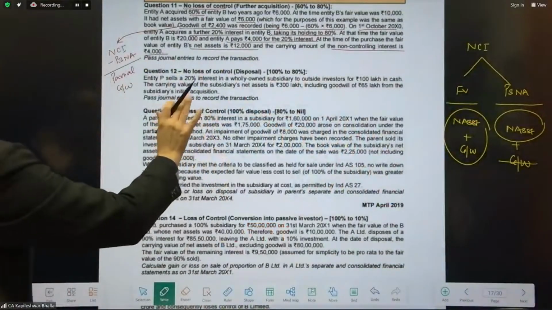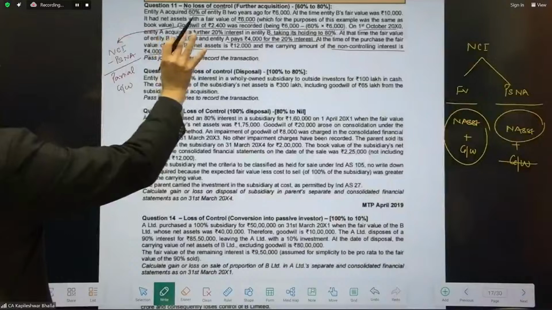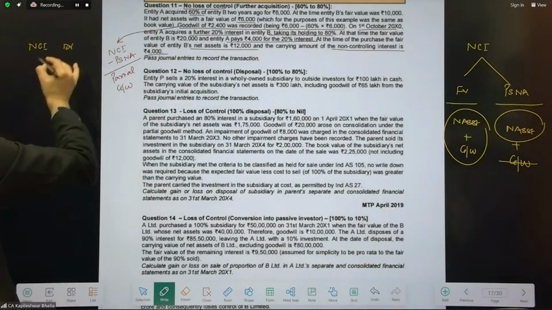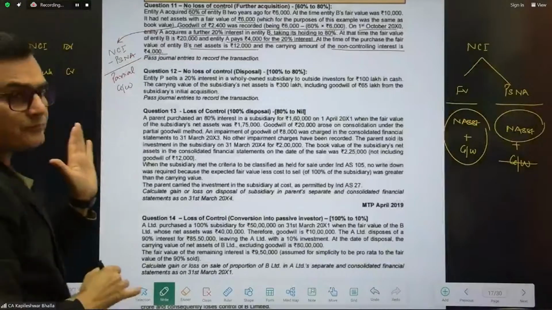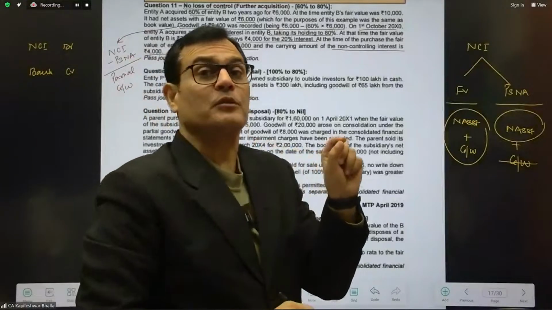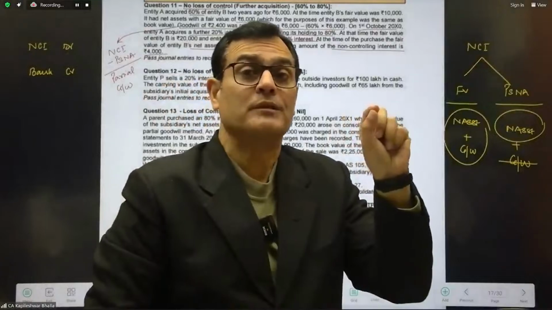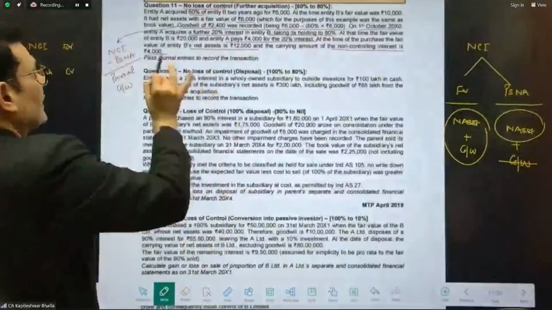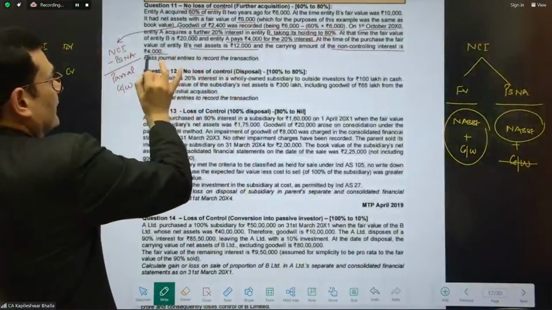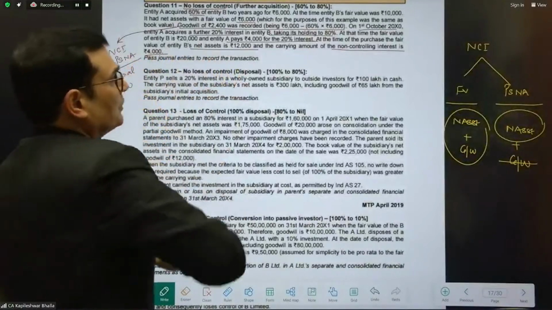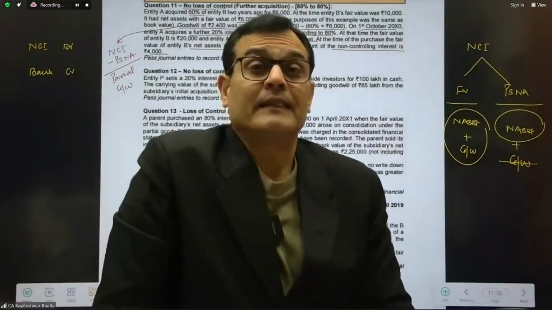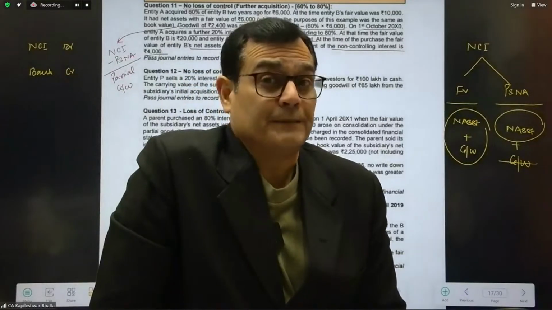What I need to do in this particular case is just decrease the NCI. So you need to give a debit to the NCI and the money paid, the bank will be given a credit. The only call which we need to decide is the amount at which NCI will be debited. Now that's very simple. Your NCI on the date of further acquisition is 4,000 and that 4,000 represents that the NCI was 40% earlier.